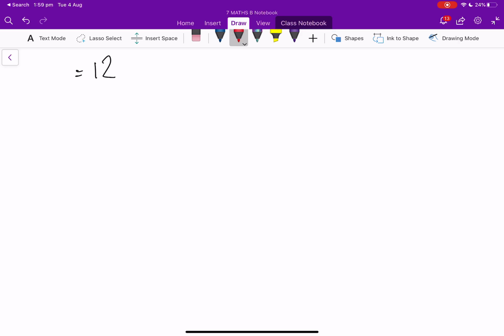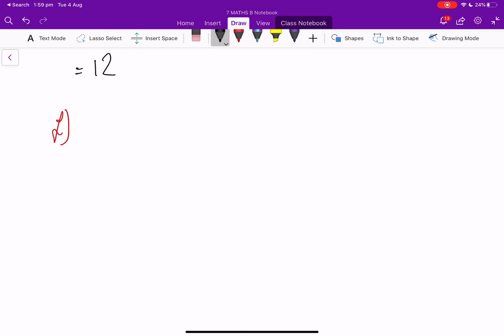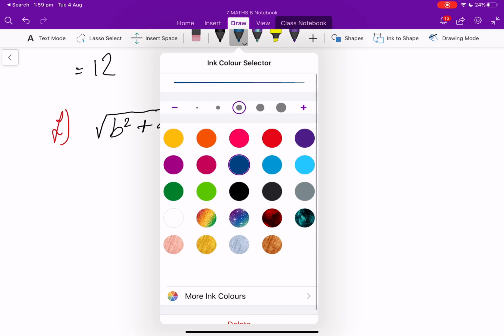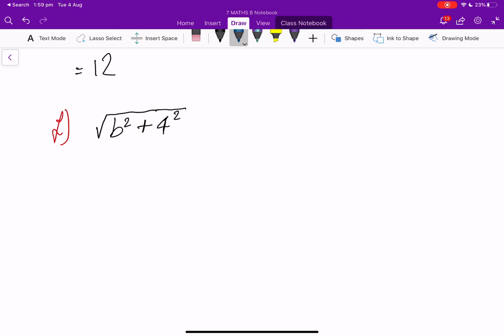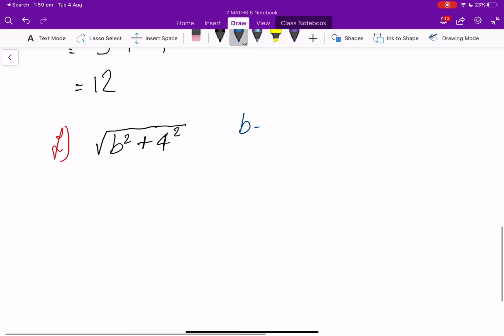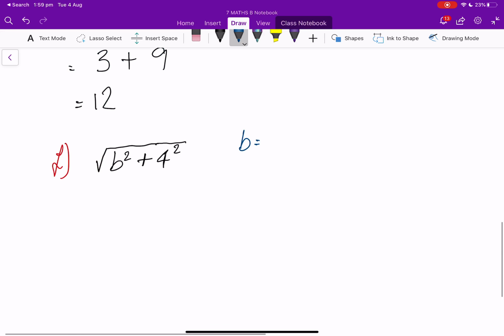The next question is F. So with F, we've got the square root of b squared plus 4 squared. So b equals 3.